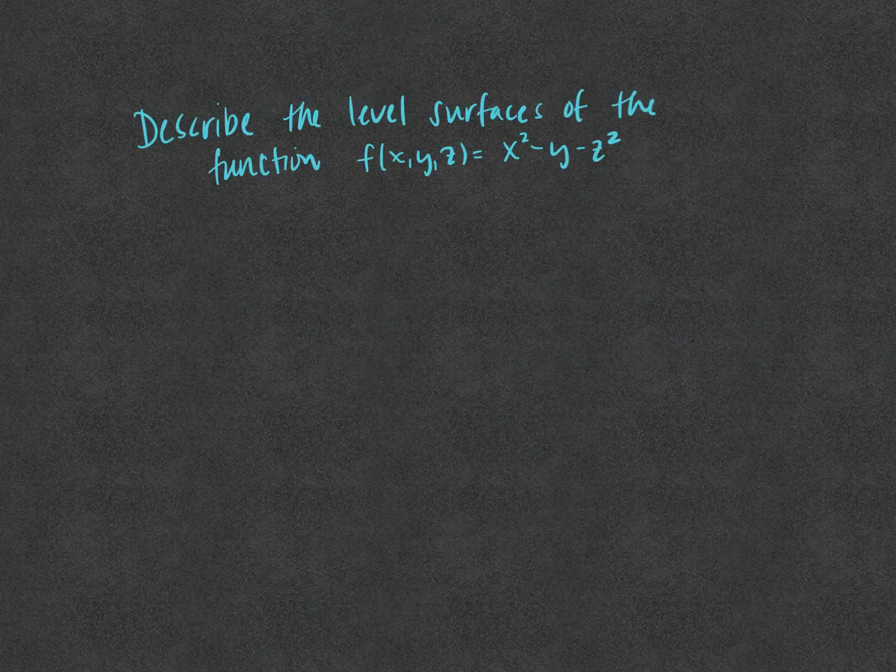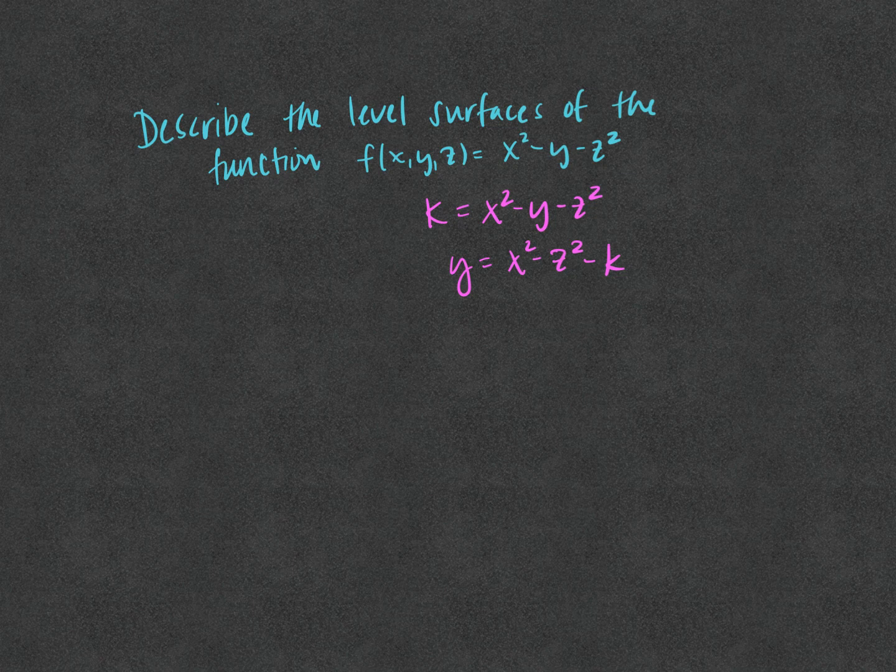So describe the level surfaces of the function f of x, y, z equals x squared minus y minus z squared. Since we're looking at level surfaces instead of level curves, we're going to say k equals x squared minus y minus z squared. So we could solve for y and say y equals x squared minus z squared minus k.